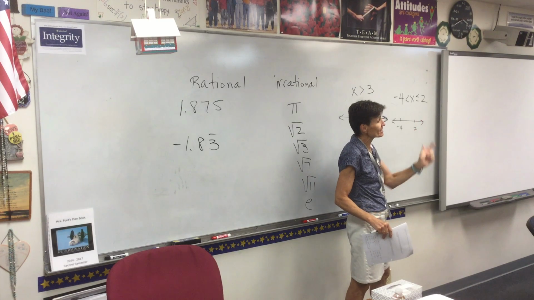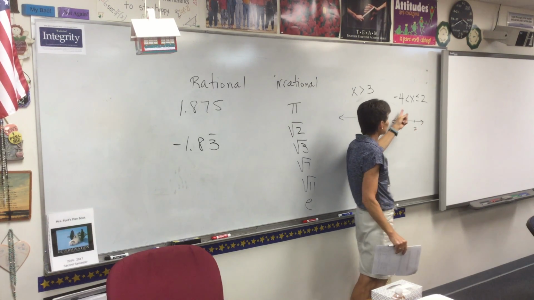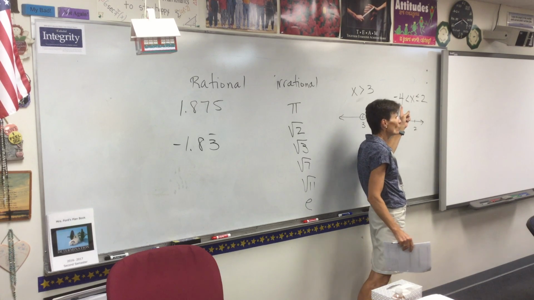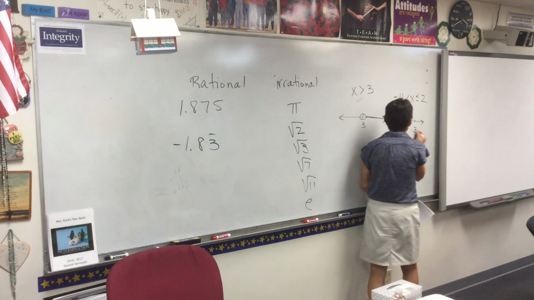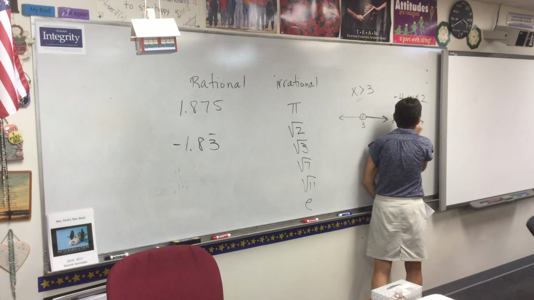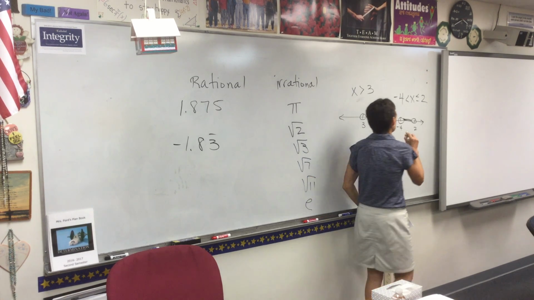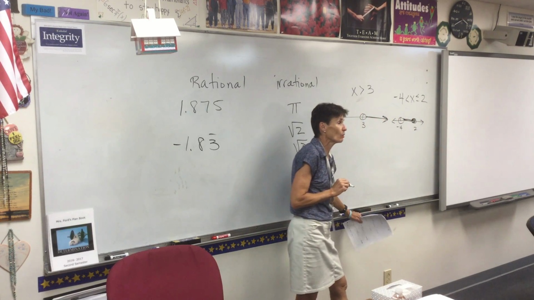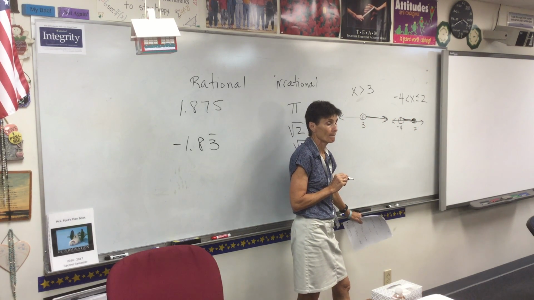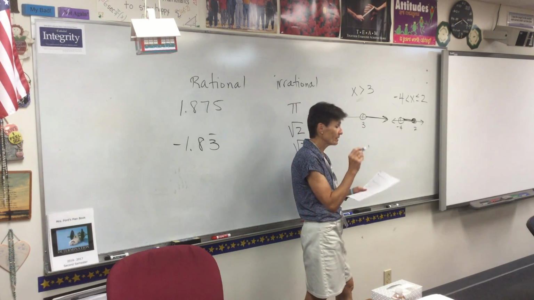But if you think about that, doesn't that mean X is between negative 4 and 2? So when I sketch it, I'm going to color in the area between negative 4 and 2. Oh, and the 2 circle has to be colored in because that's an or equal to symbol.